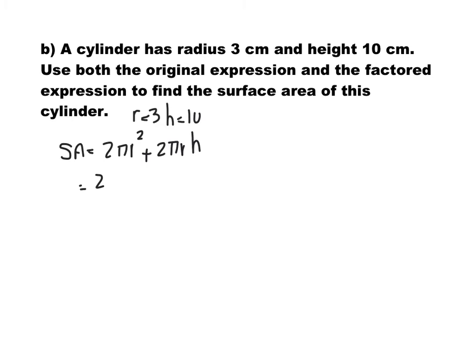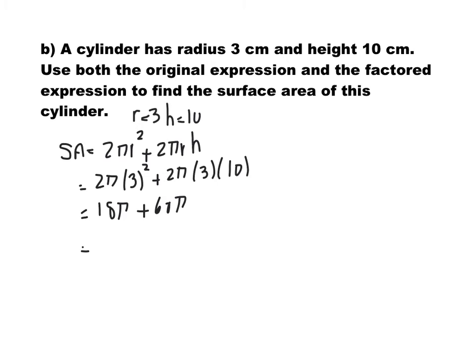Now it becomes 2 pi r squared is 3 squared plus 2 pi r is 3, h is 10. 3 squared is 9 times 2 is 18 pi plus 10 times 3 is 30 times 2 is 60, so it's 60 pi. So the sum is 78 pi.